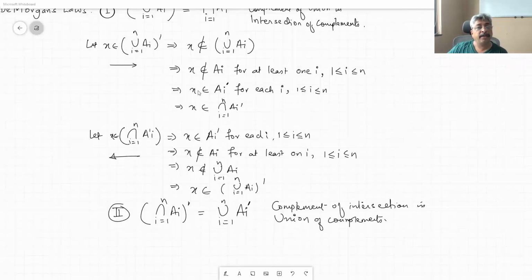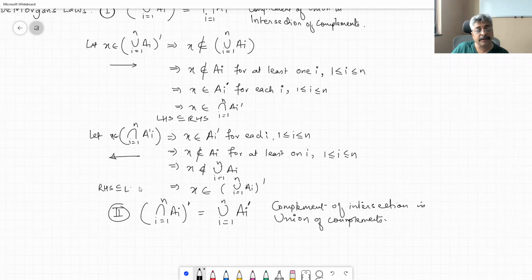Now basically in the first proof, in the first part we proved LHS is a subset of RHS, and in the second part we proved RHS is a subset of LHS, and therefore the two sets are equal.